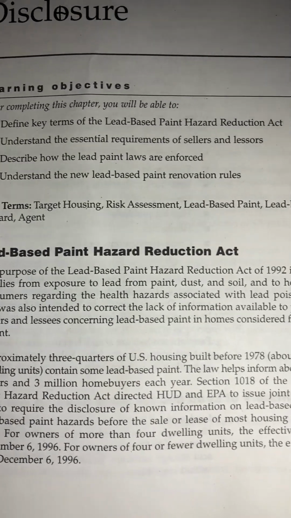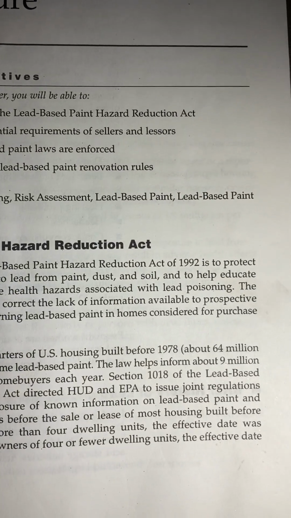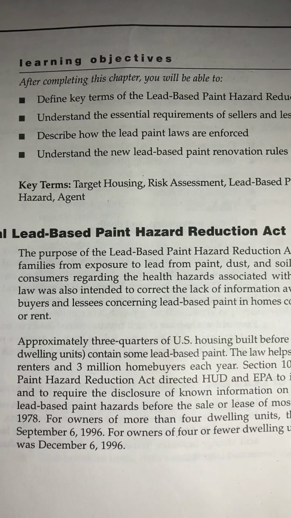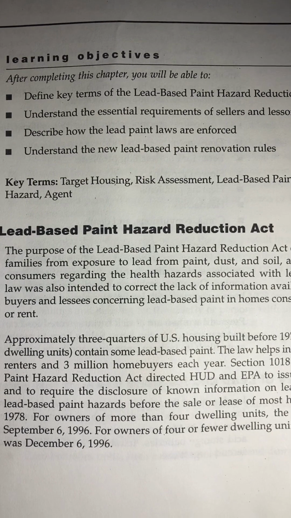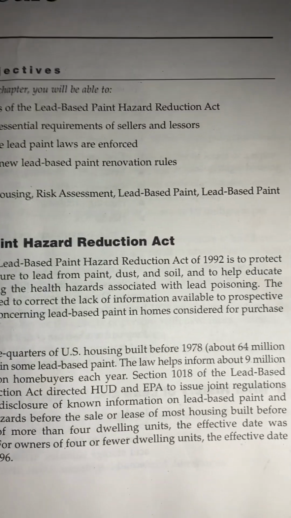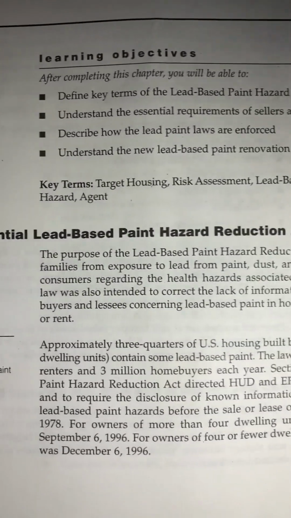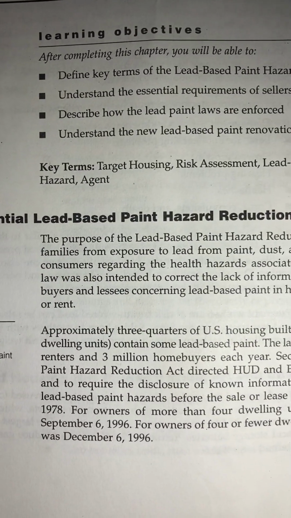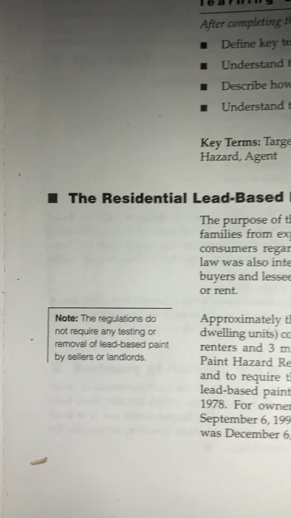For owners of more than 4 dwelling units, the effective date was September 6, 1996. For owners of 4 or fewer dwelling units, the effective date was December 6, 1996.